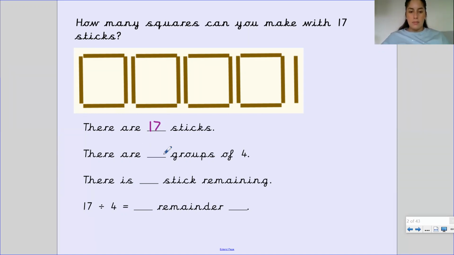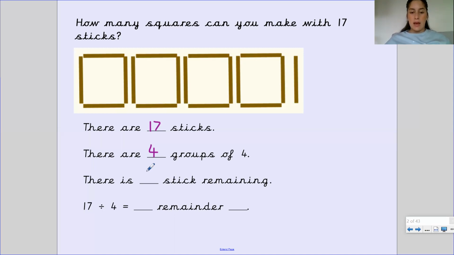There are how many groups of 4? Well, each square represents one group of 4 because a square has 4 sides. So how many groups of 4 are there? This is 1 group, 2 groups, 3 groups, 4 groups. So we've got 4 groups of 4, or 4 times 4, which is 16.